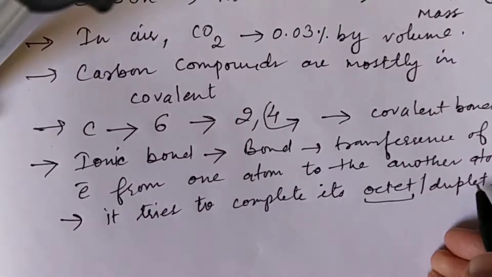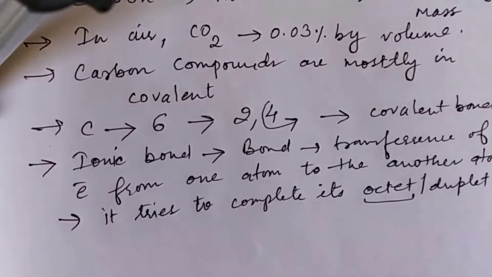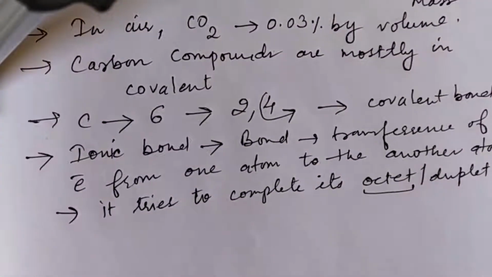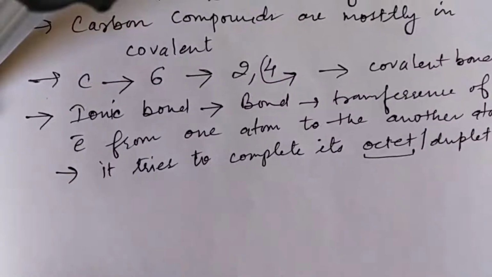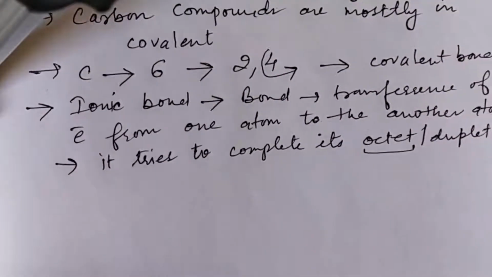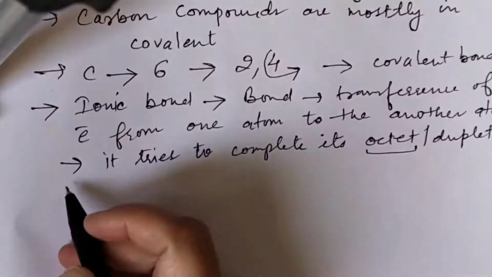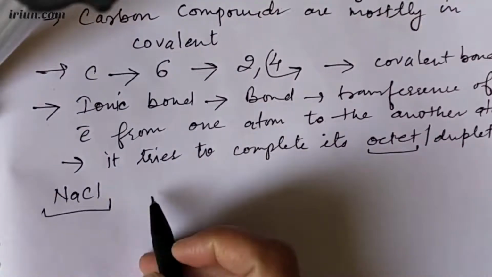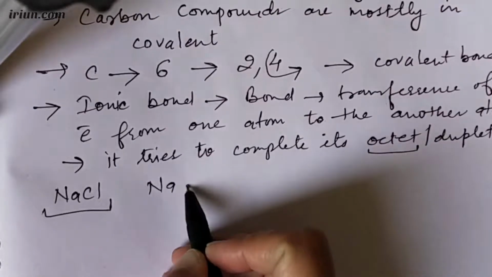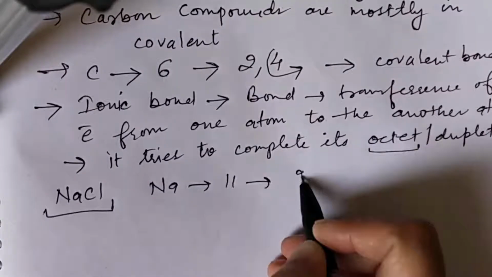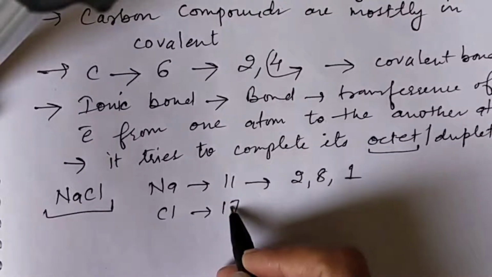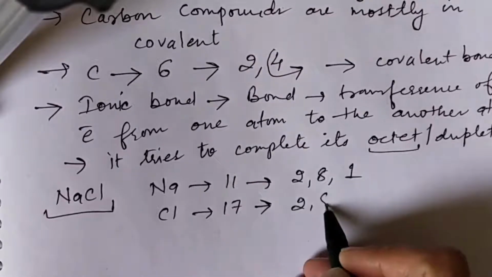So what is an ionic bond? It is formed by the transference of electron from one atom to another, and the atoms try to complete the octet or duplet and attain the noble gas configuration. For example, in NaCl, sodium has atomic number 11, electronic configuration 2,8,1. Chlorine has atomic number 17, electronic configuration 2,8,7.